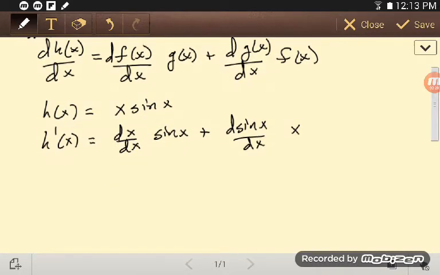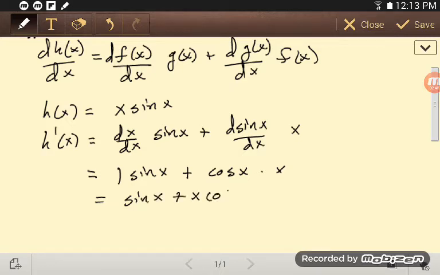So there you go. That's 1 times sine of x plus cosine of x times x. Now, that's kind of ugly, leaving it like that, so I would write it as sine of x plus x cosine x. And so there we have it.